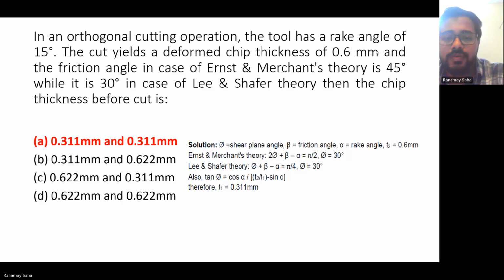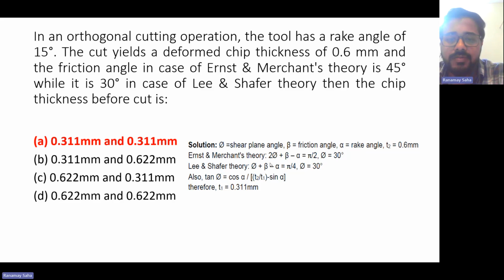The variation in the Merchant theory and the Lee-Shaffer theory: in Merchant theory, phi plus beta minus alpha is pi by 2, whereas in Lee-Shaffer theory, phi plus beta minus alpha is pi by 4.